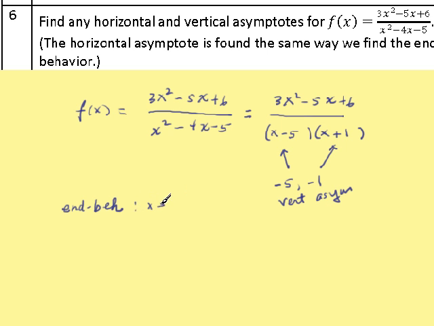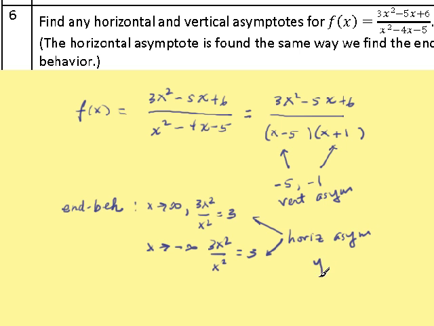As x goes to infinity, we're looking at 3x squared over x squared, and minus infinity is the same. 3x squared over x squared equals 3. So we do have a horizontal asymptote, y equals 3.